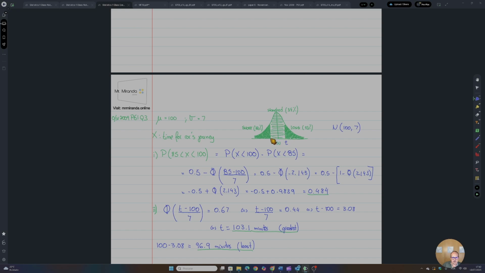It's going to be 100 minus 3.1 minutes, right? So that's going to be 96.9 minutes. Actually, the true value is 3.08. I just rounded here to 1 decimal place, so that this is correct. Anyway, the least value is 96.9 minutes.